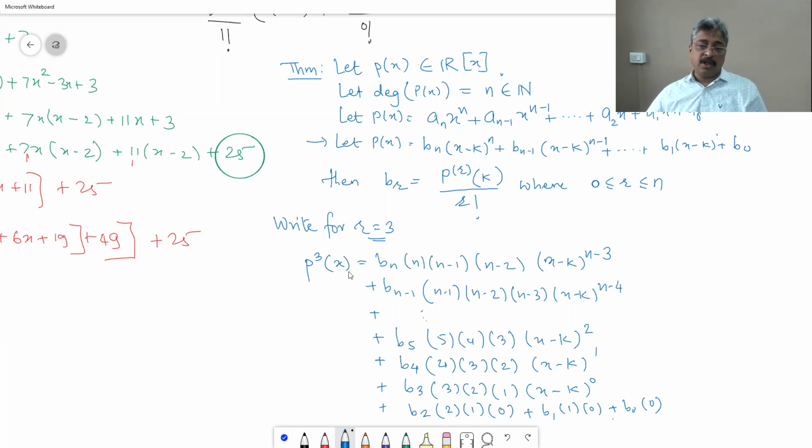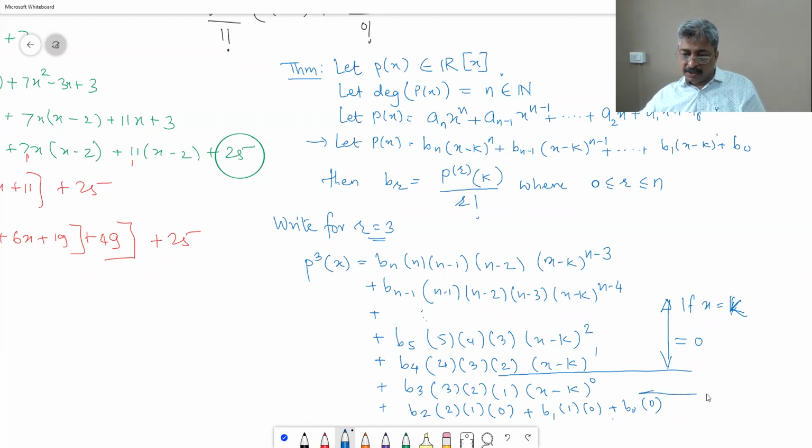So P3 of x, if you expand, differentiate the second equation, then you have this, and when you put x is equal to k, everywhere up to this point, all these steps are 0.